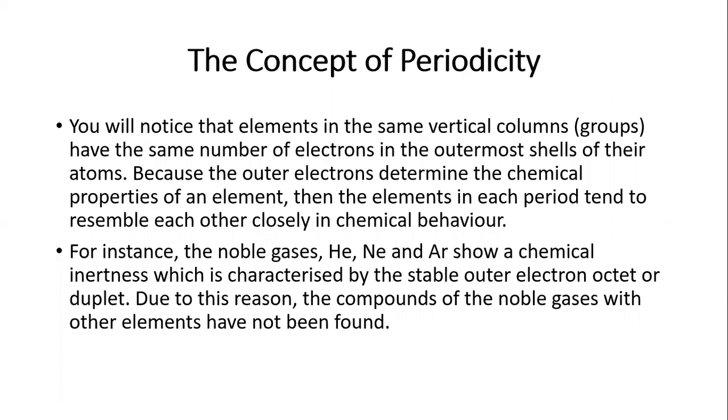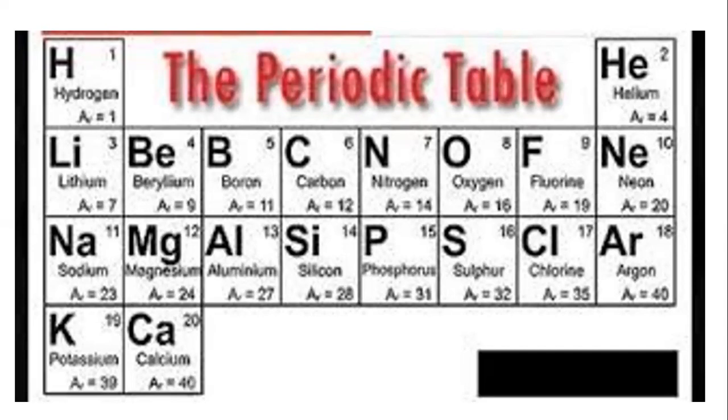As you can see, if you try to write the electronic configuration maybe of the first vertical column, they have the same electronic configuration. It means that there is some kind of repetition of the number of electrons in the outermost shell.